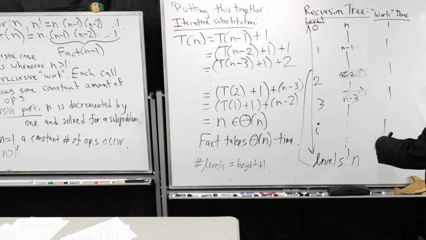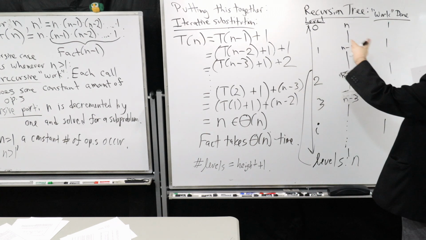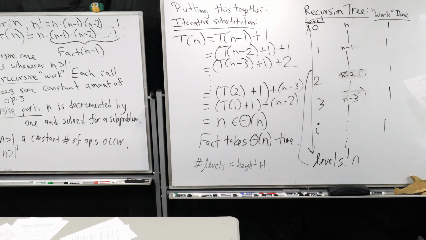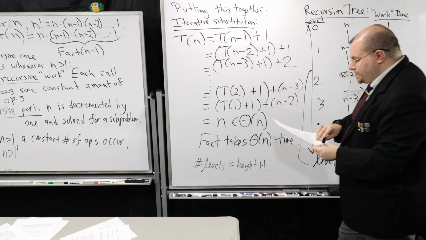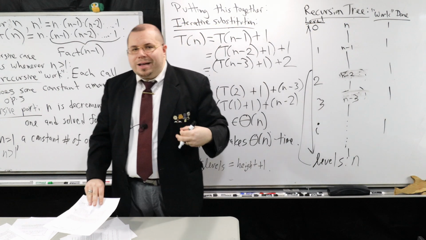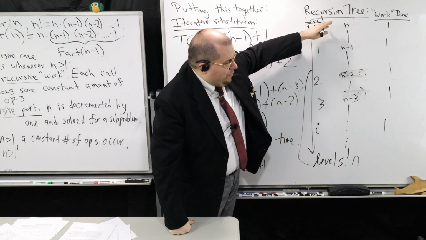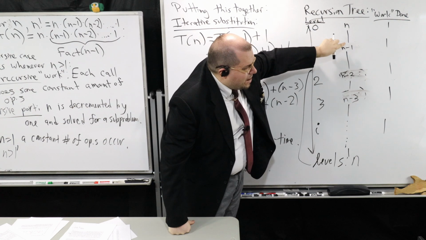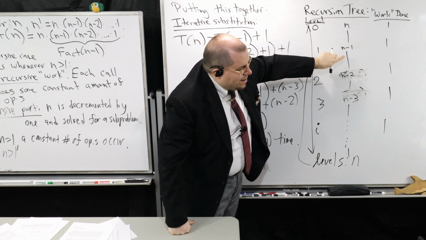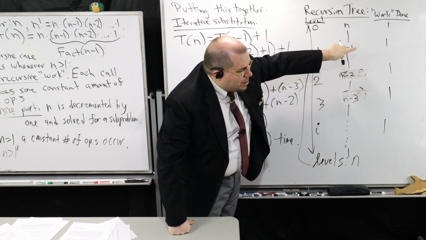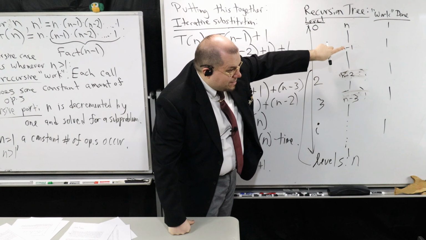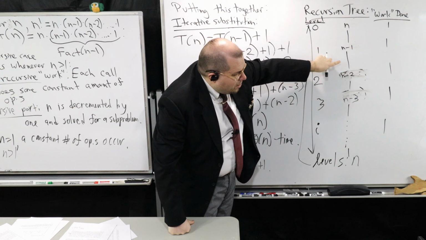So the number of levels in the tree, I would normally write this right here, but I've got them side by side. Notice that all I'm doing is effectively simulating the recursive algorithm where one recursive call happens. I tell you how big the size of that input is, and I can tell you how much non-recursive work happens at that level. I do this all the way down.